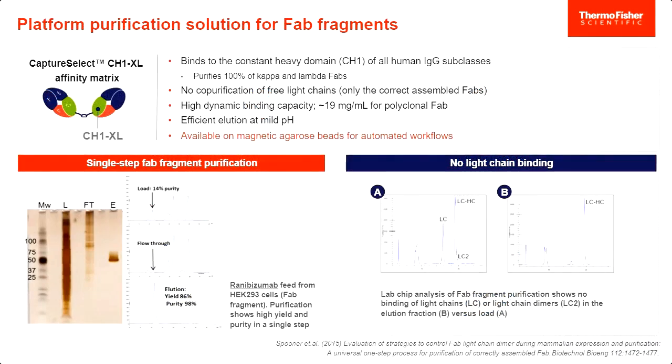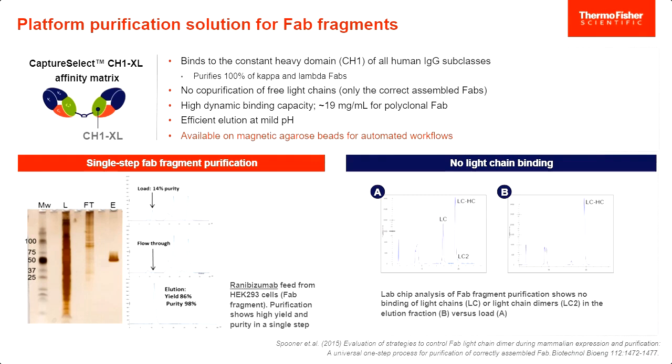Starting with our CH1XL resin that binds to the CH1 domain. Many of our Fab customers use this for removing free light chain species, as well as host cell proteins. It has a DBC of about 19 grams per liter and provides efficient elution at a mild pH, around pH 6.